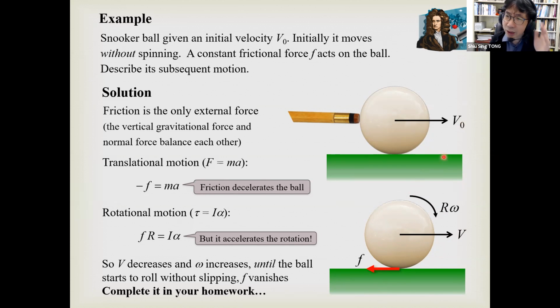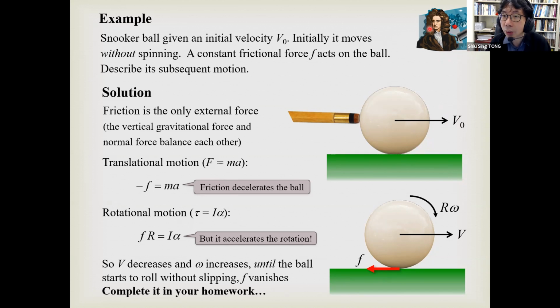Now that is a very special situation. Because the frictional force is in the opposite direction to the center of mass velocity, it slows down the translational motion. But the frictional force produces a torque on the ball, so it speeds up the rotational motion. So the rotational motion is sped up, but the linear motion is slowed down, right? So that is a strange situation.